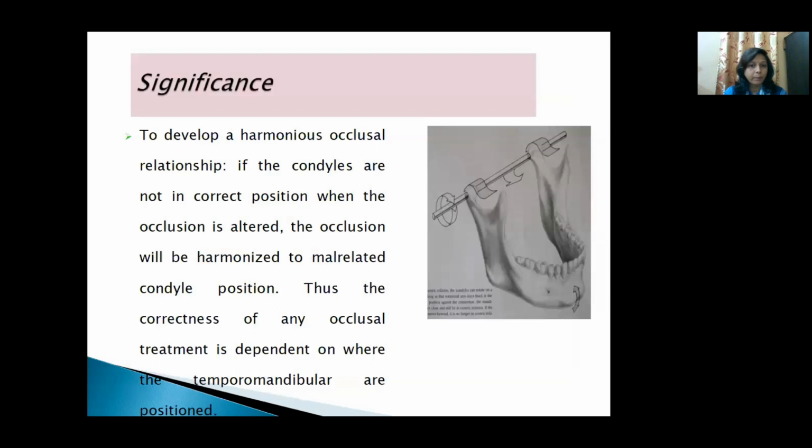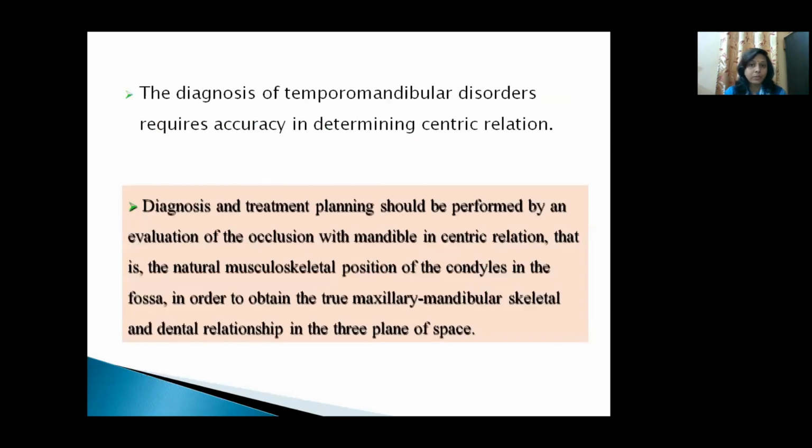To develop a harmonious occlusal relationship, if the condyles are not in correct position when our occlusion is altered, the occlusion will be harmonized to a mal-related condyle position. Thus, the correctness of any occlusal treatment is dependent on where the TMJ is positioned. The diagnosis of TMJ disorders requires accuracy in determining the centric relation.